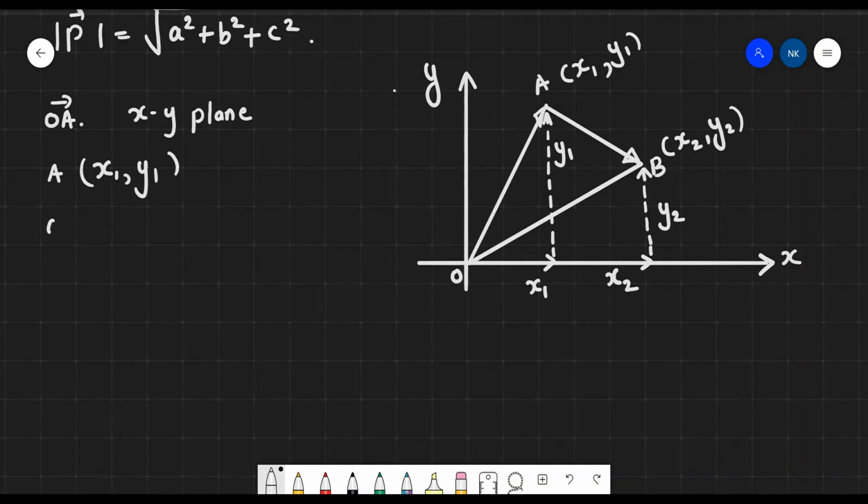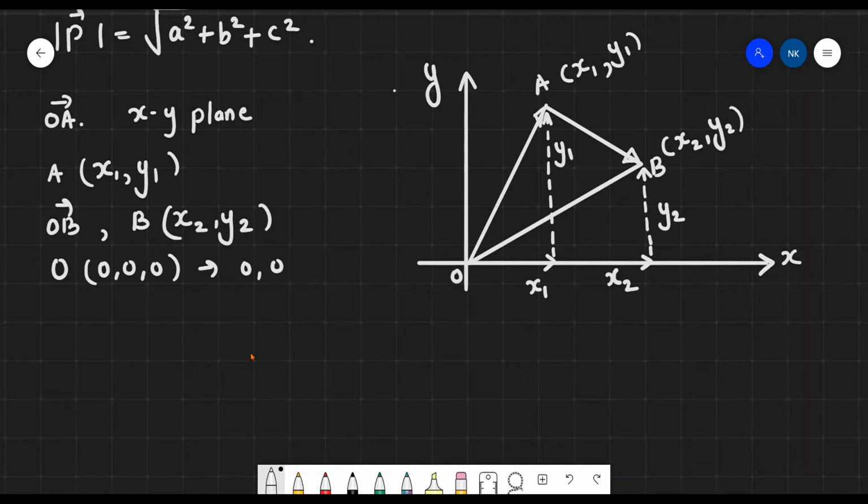Now we have got another vector, that is OB, such that point B has its coordinates as x2 comma y2. O stands for origin, that is 0 0 0 in 3 dimensions. But our question is in 2 dimensions only, so we can represent it as 0 0.